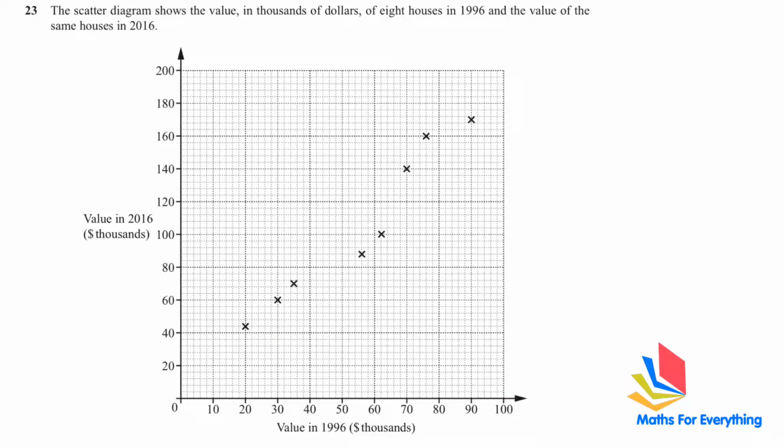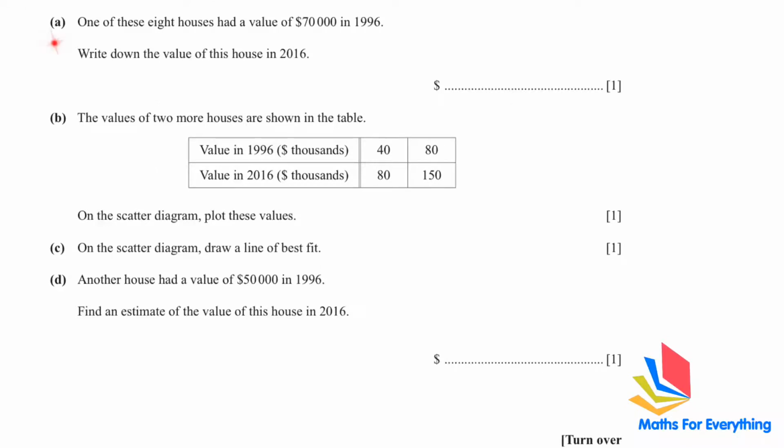Question number 23. We have been given a scatter diagram that shows the value in thousands of dollars of 8 houses in 1996 and the value of the same houses in 2016. In part A, one of these 8 houses had a value of $70,000 in 1996.